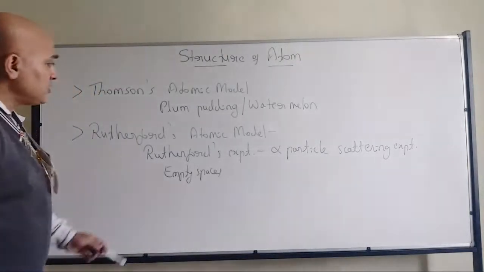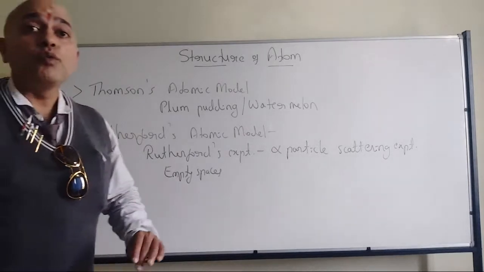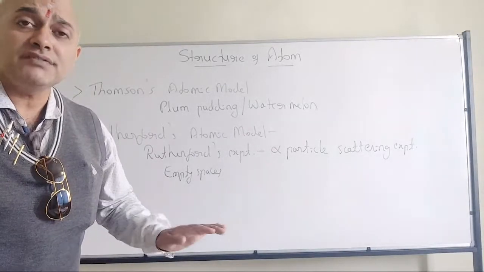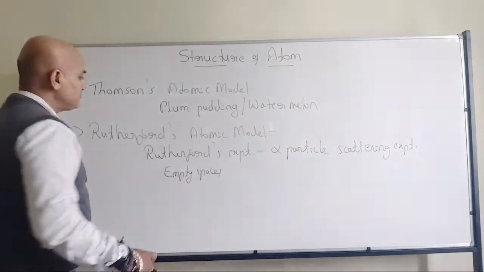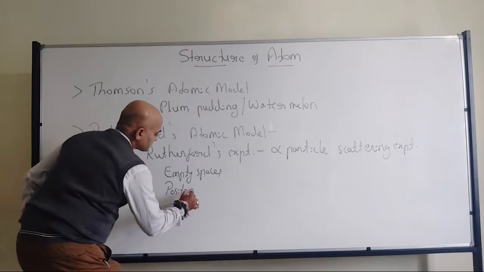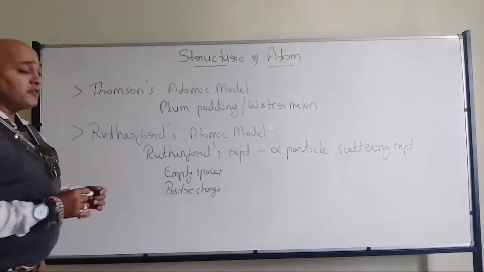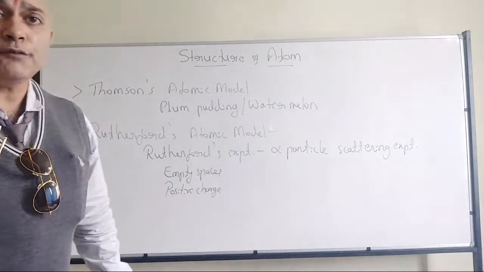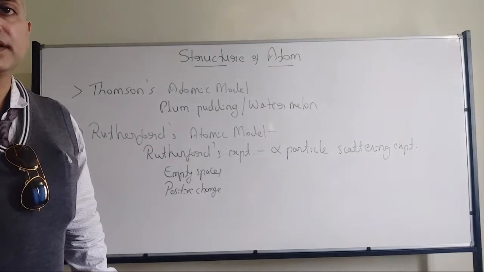Now, why were some of the radiations getting deviated or deflected? That is because of the presence of positive charge or positive part in a small area of the atom.